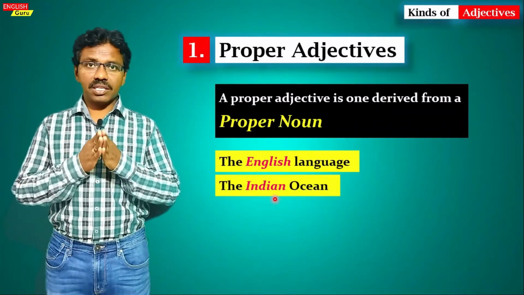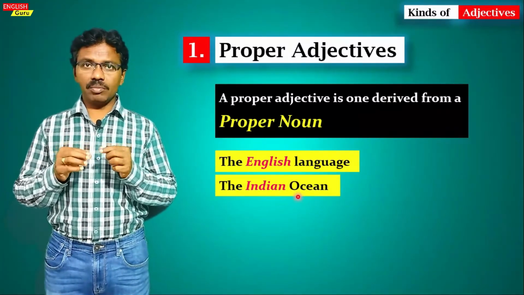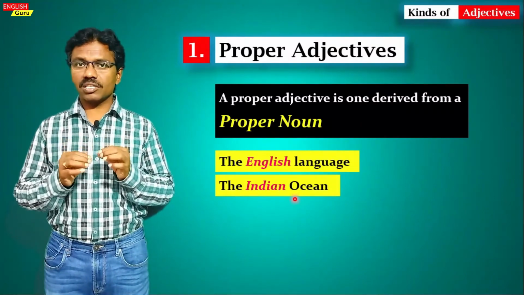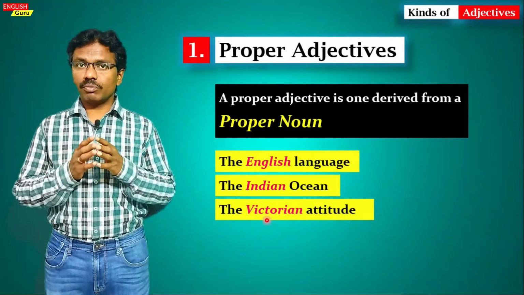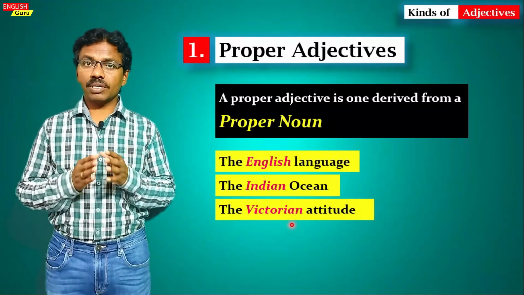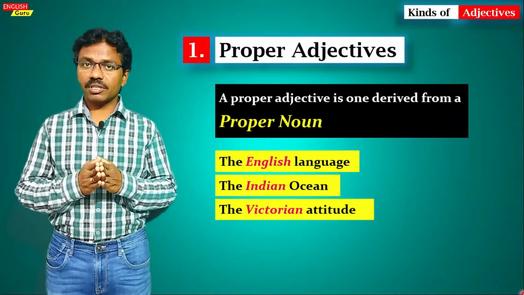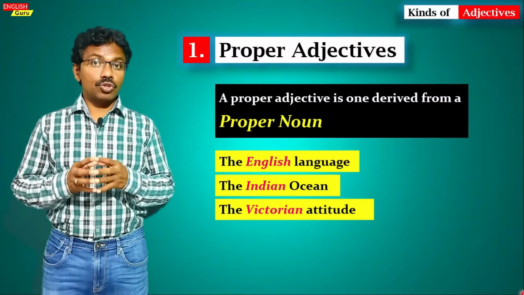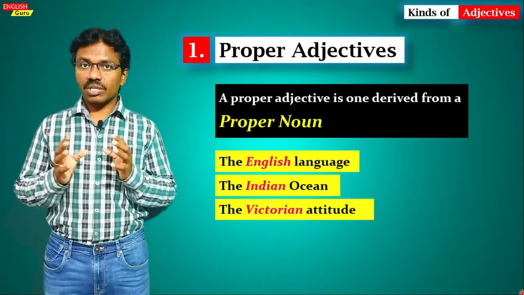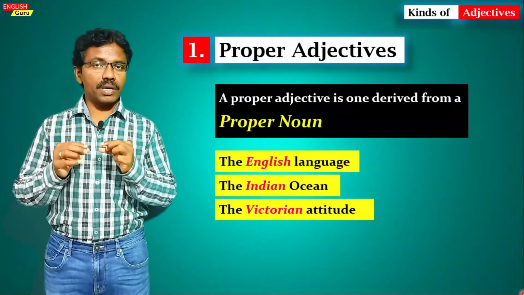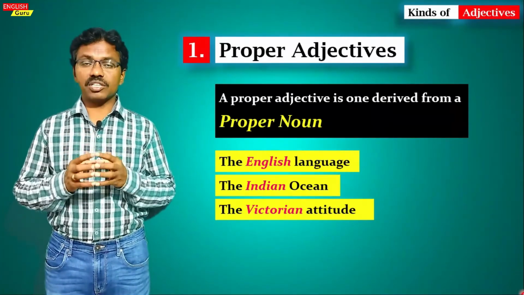In a similar manner, the Indian Ocean. Indian, a proper noun used as an adjective, so it is a proper adjective. And the Victorian attitude. Victorian, a proper noun, but here used as an adjective, so it is a proper adjective. So proper adjectives are derived from proper nouns, taken from proper nouns, or proper nouns used as adjectives.